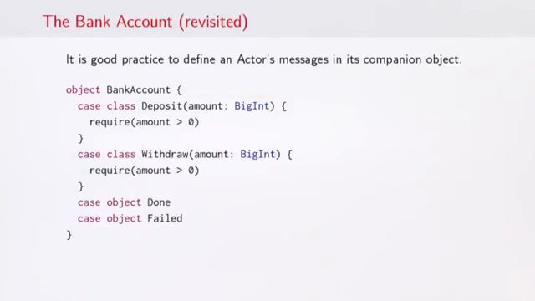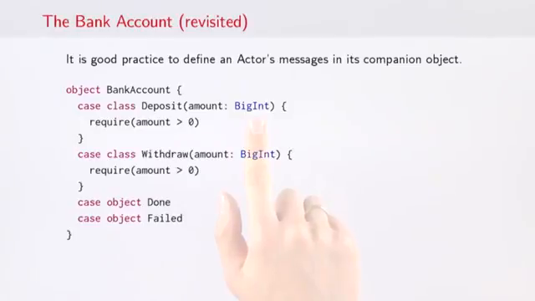This bank account will of course be an actor, and it will receive messages. It is good practice to declare all the possible message types expected by the actor and also returned in reply in its companion object. We have therefore here the object BankAccount, and in that we have case classes. One for depositing some amount.